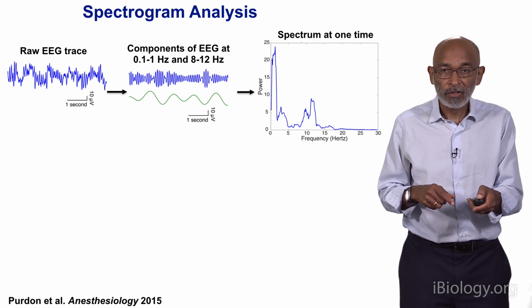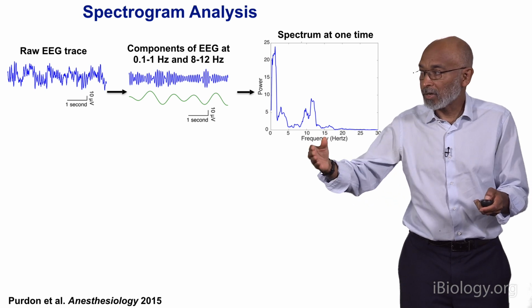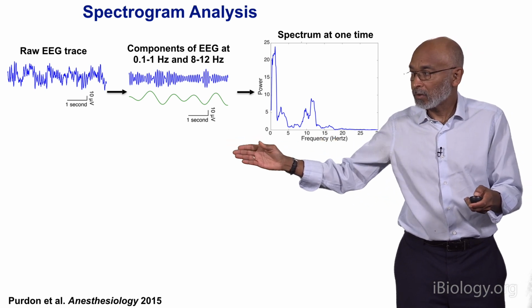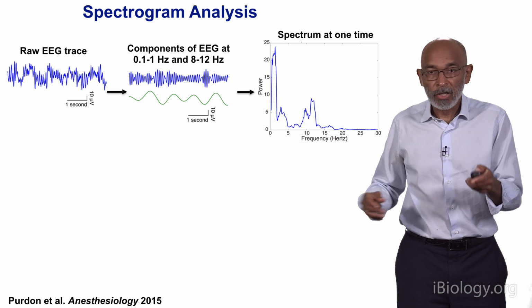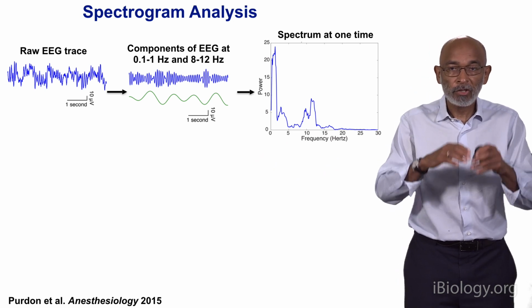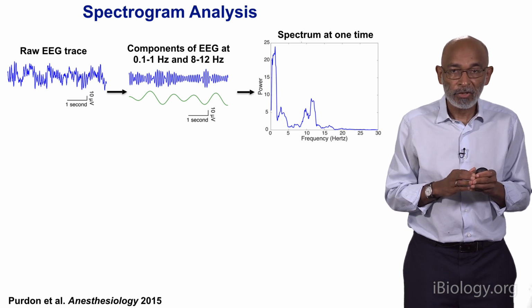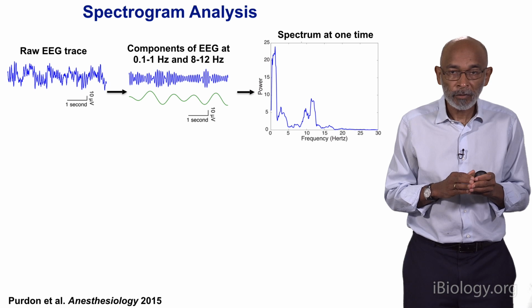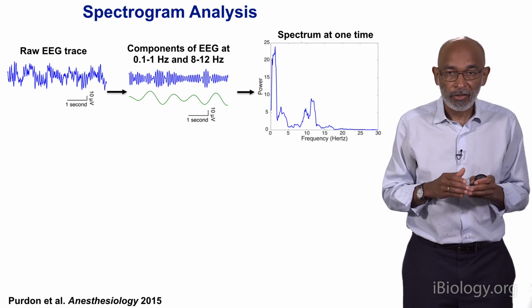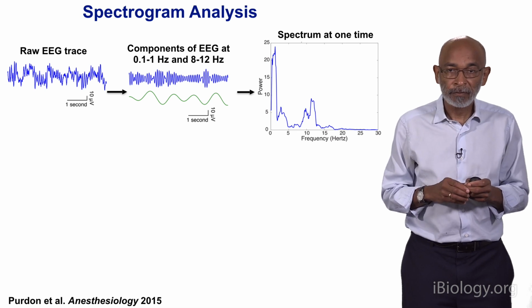If you look to the left of the graph, there's a big spike on the left of the graph, right over here. And then if you look in the middle there, around 10 or so, there's another big spike around 10. And that's exactly those two components that I showed you there before. Right? And beyond 20, there's really nothing. So that's for that 10-second trace of EEG.